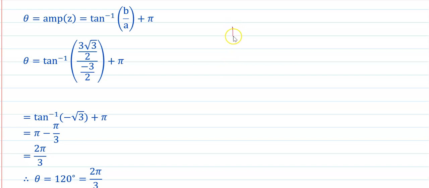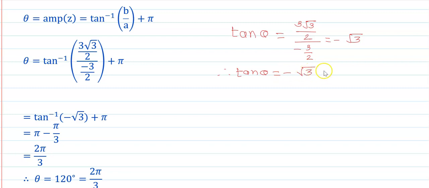You can find out the value in this way also. That is, tan theta is equal to b upon a, that is 3 root 3 upon 2, divided by minus 3 by 2, and overall you will get minus root 3. Therefore tan theta is equal to minus root 3.